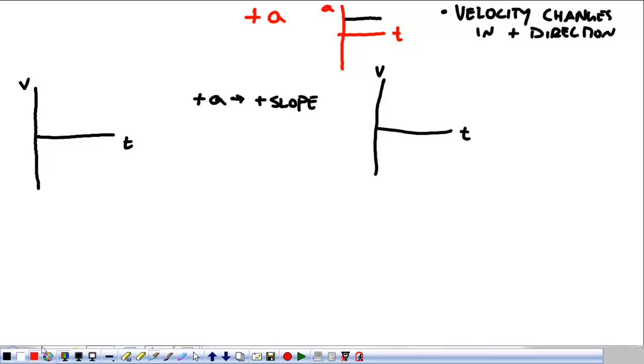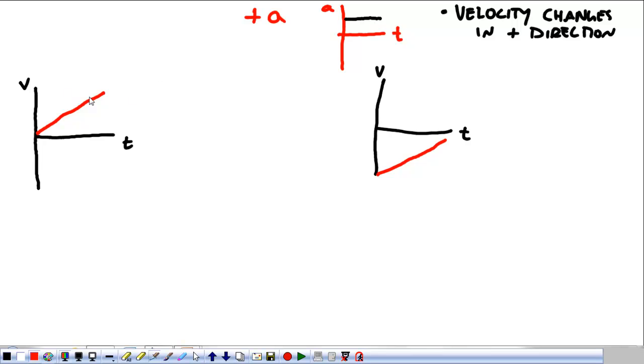Now, these two things mean two very different things, okay? But a positive slope on velocity versus time could look like this, and a positive slope on velocity versus time could look like this. Each of these are positive slopes. They are sloping upward. That's showing my velocity changing in the positive direction.